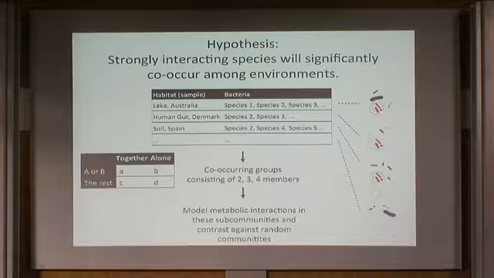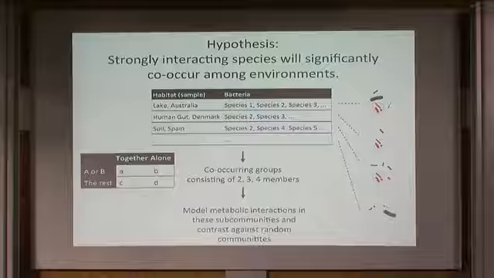Basically what you calculate is how often they are found together rather than alone, and you can find groups of 2, 3, 4 etc. members, which will build some kind of sub-communities in the sample. They are always present in many samples, and they are always present together but not individually.